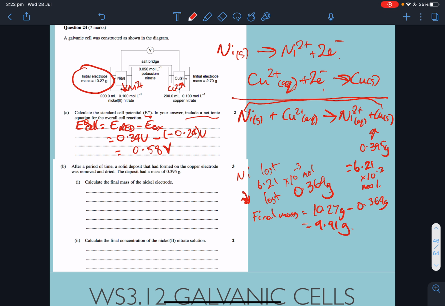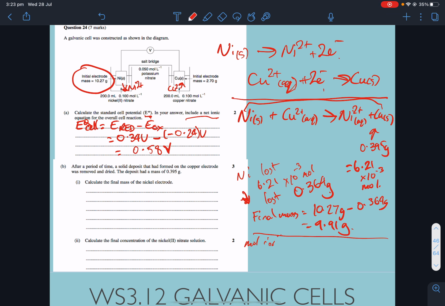Okay. The final concentration of the nickel 2 nitrate solution. Alright. So if we gained 6.21 times 10 to the negative 3 moles of copper solid, we must have also gained the same amount of moles of nickel 2 plus. So we can work out how many moles we had initially.